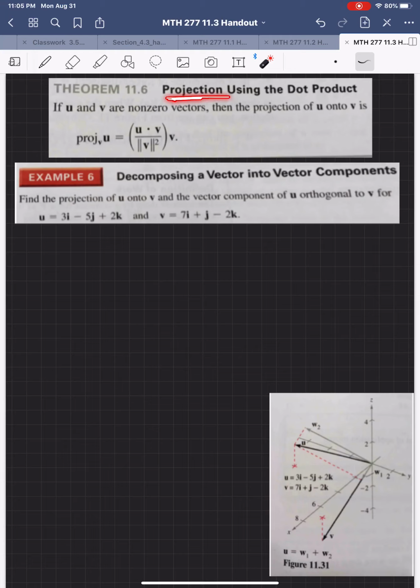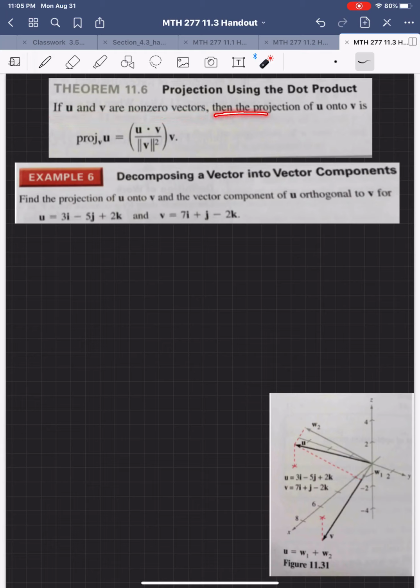So the projection using the dot product. So there's another application of the dot product. We begin with some assumptions that we have these two vectors, u and v, and they're non-zero vectors.